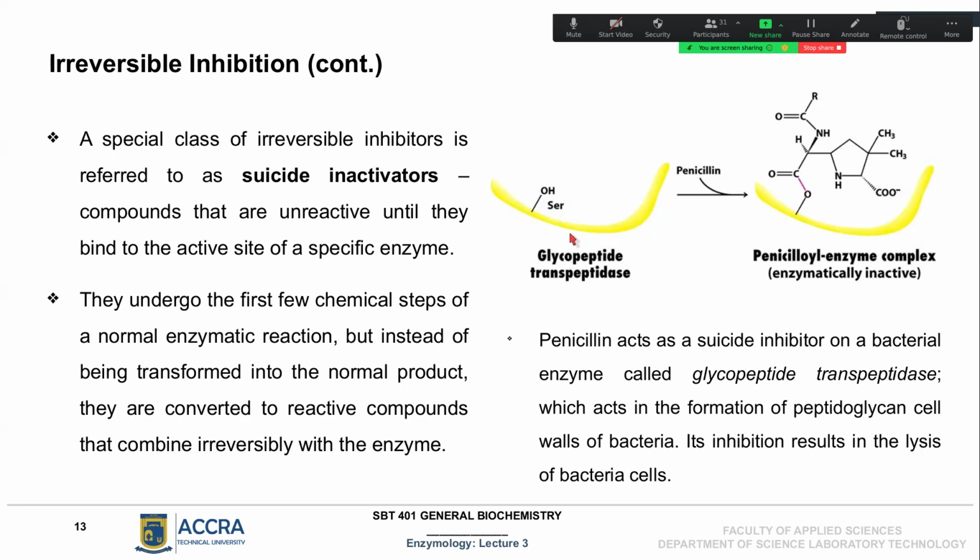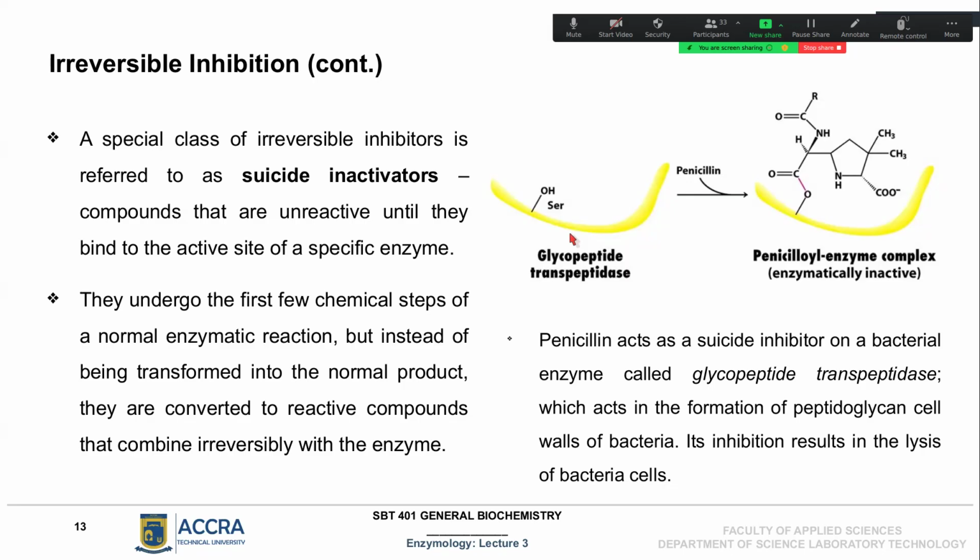And that was when we were talking about the enzyme lysozyme, which is responsible for breaking the glycosidic bonds between these monomers, N-acetylglucosamine and N-acetyl muramic acid, resulting in breaking the cell wall of the bacteria, and thus resulting in a bactericidal effect.